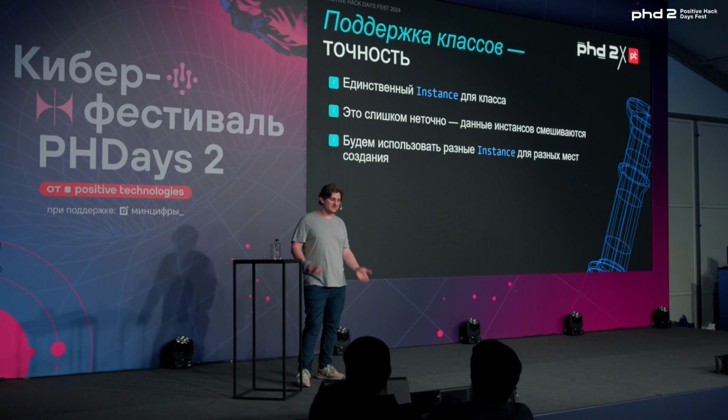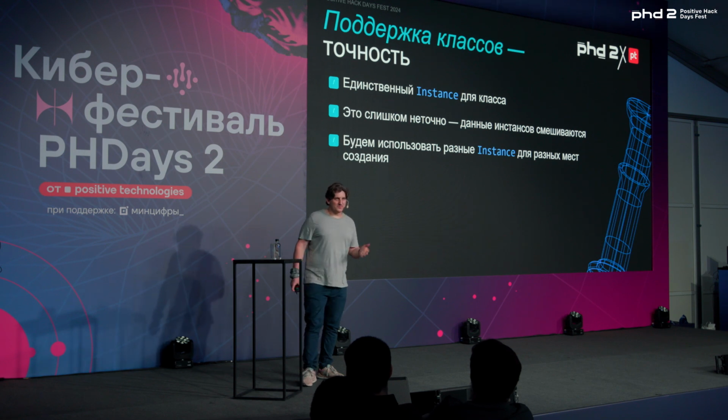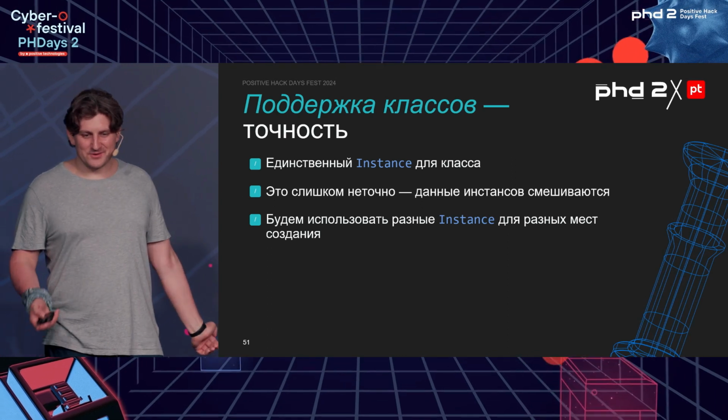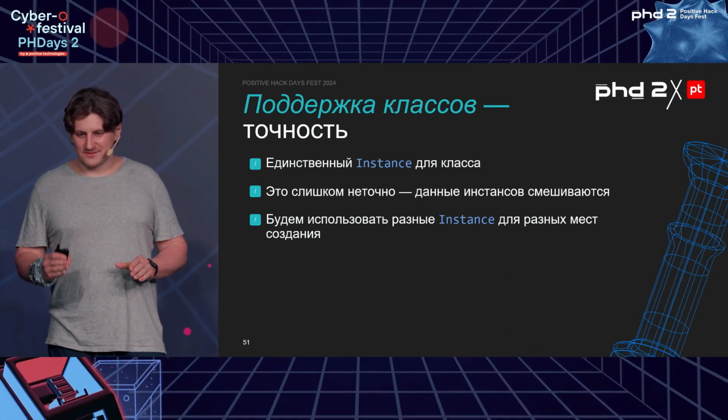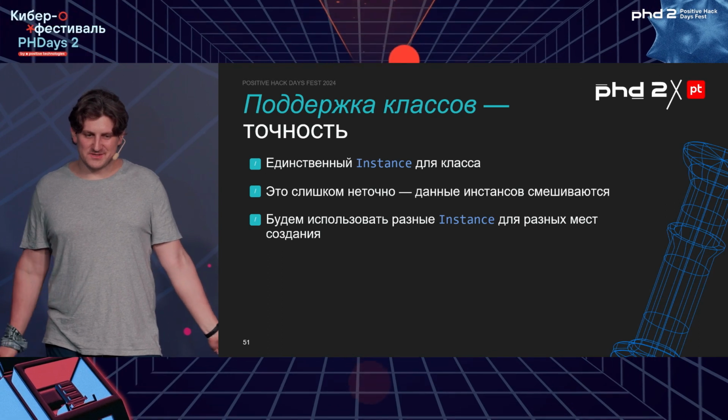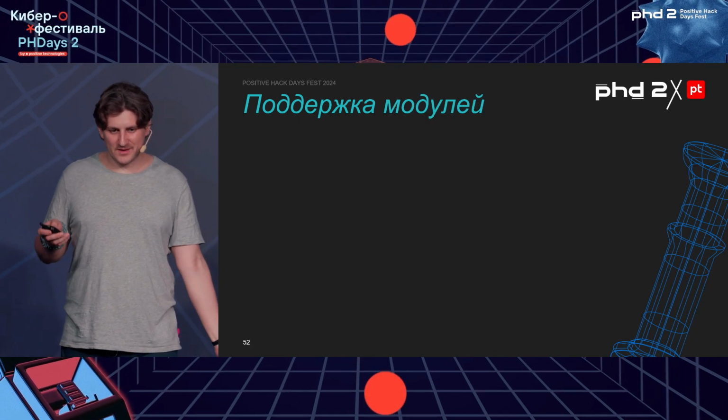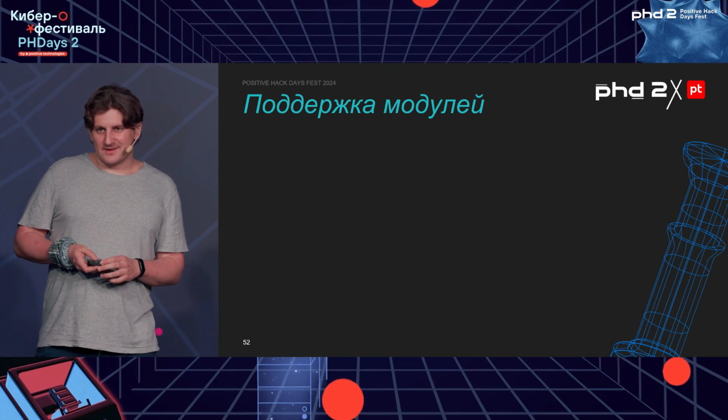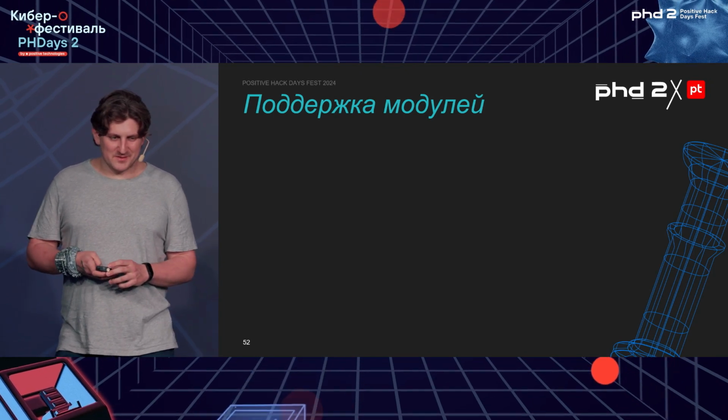And this is not accurate enough at times, because this way we are potentially mixing up instance information. So for different allocations, or different new call sites, we will now have different instances. I won't go into additional detail now, given the time constraint. But with this improvement, we are able to significantly increase accuracy by significantly reducing the mixing up, so to speak.